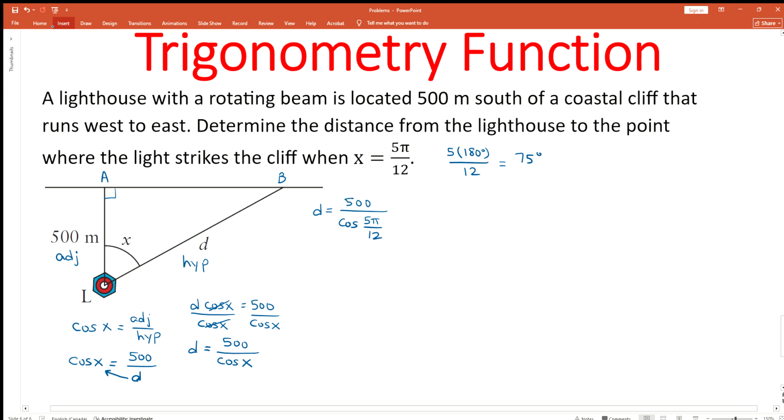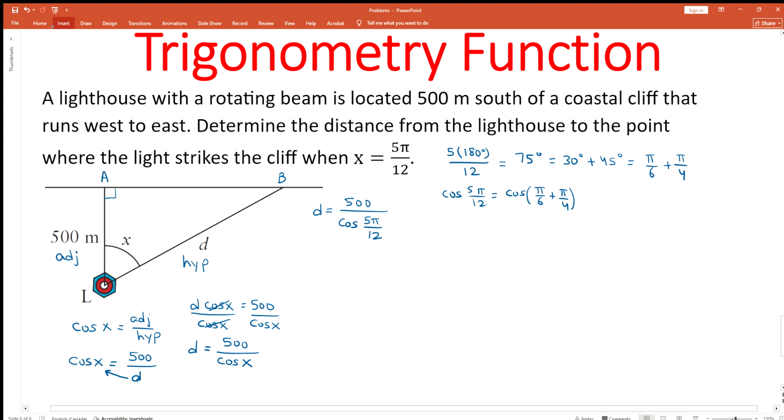75 degrees is equal to 30 degrees plus 45 degrees, two special angles. In radians, 30 degrees is pi over 6 and 45 degrees is pi over 4. That means 5 pi over 12 can be written as pi over 6 plus pi over 4. So we can write cos 5 pi over 12 is equal to cos of pi over 6 plus pi over 4.